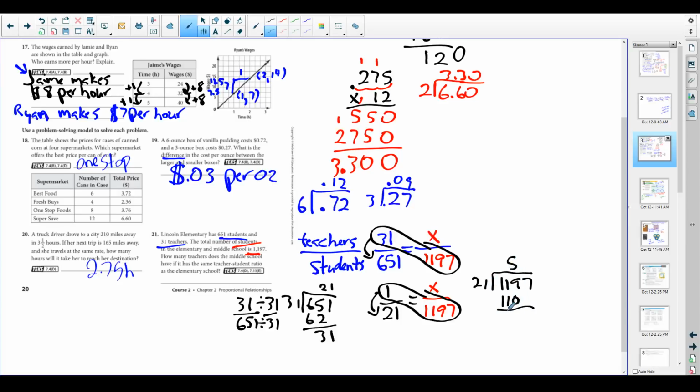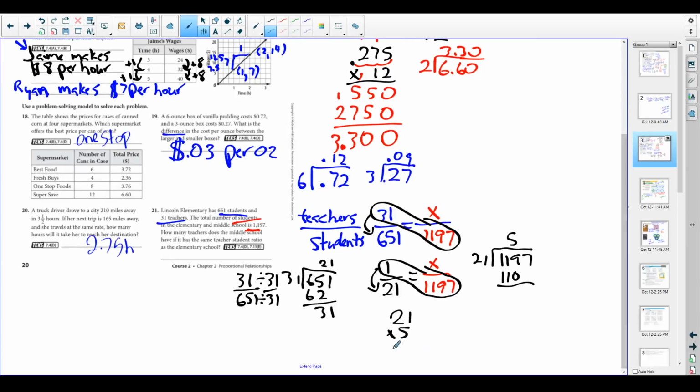21 times 5 is 110. No, it's not. 21 times 5 is 105. I'm bad at math. So 119 minus 105 is 14.